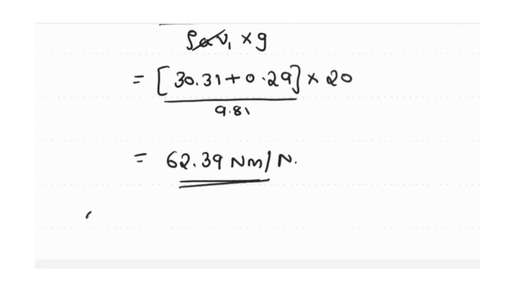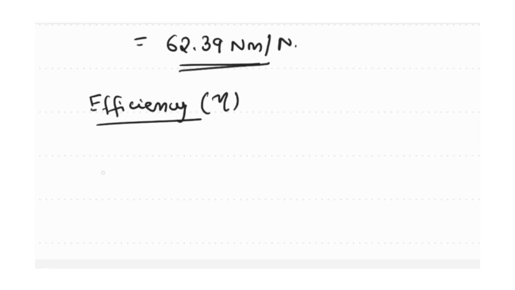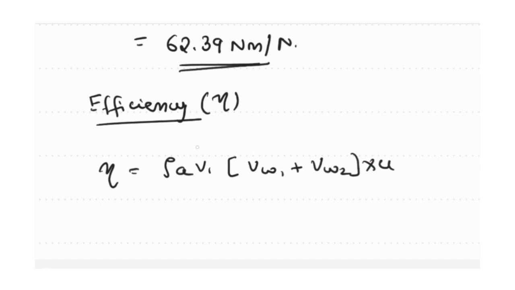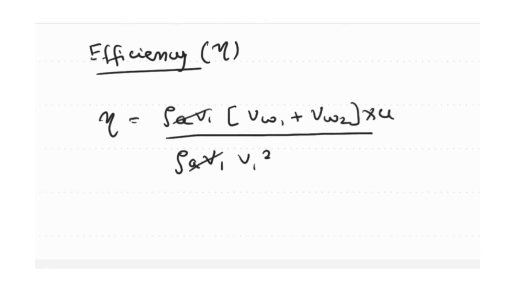Next we will go with the efficiency. Efficiency eta is equal to work done, rho A V1 into VW1 plus VW2 into U, that is output, divided by input, the kinetic energy, that is rho A V1 into V1 square, so this gets cancelled.